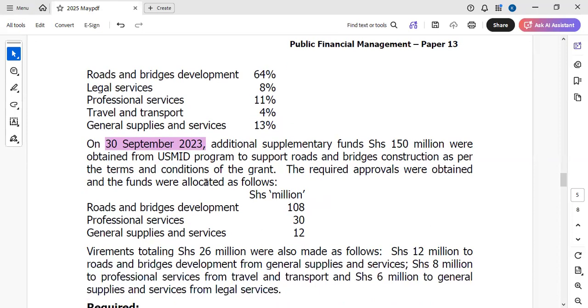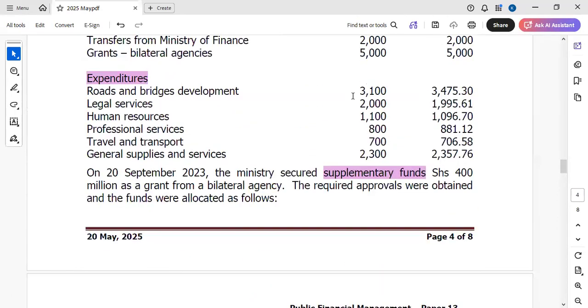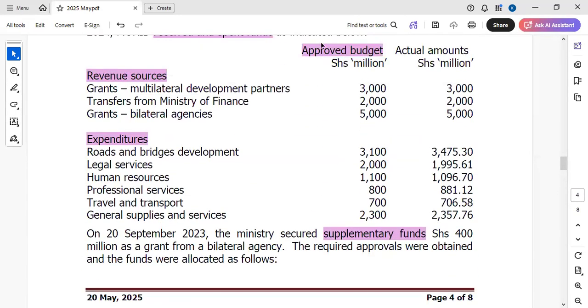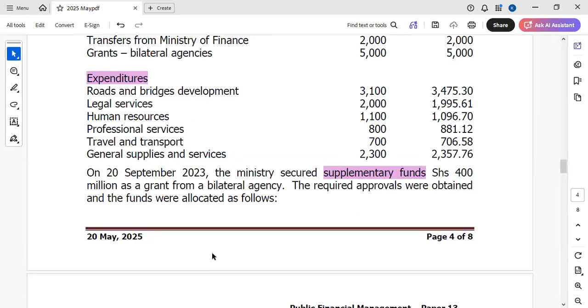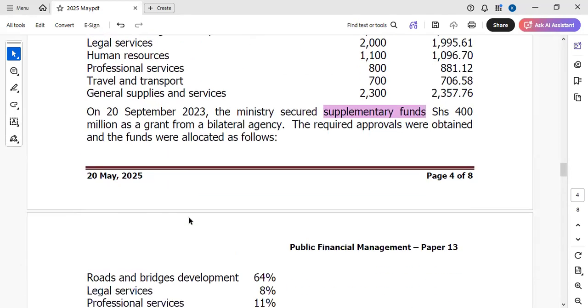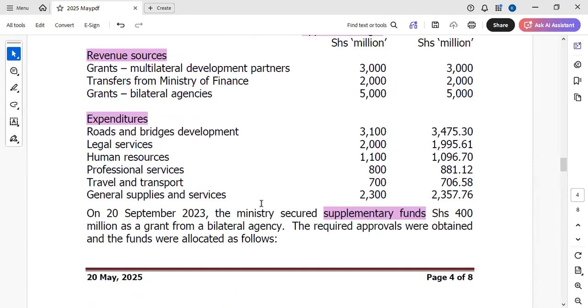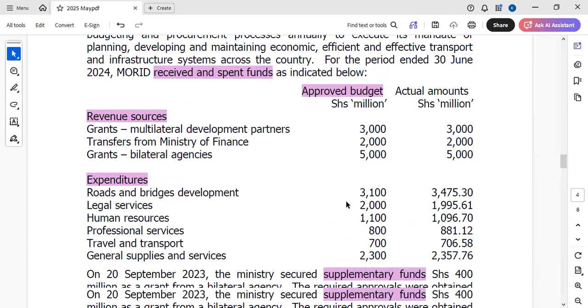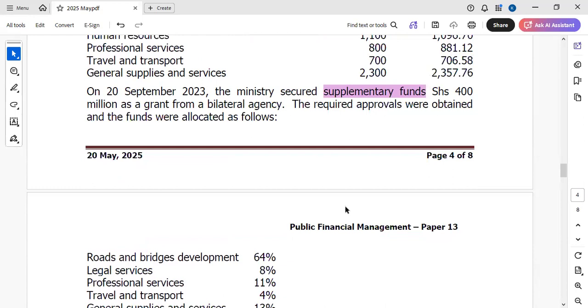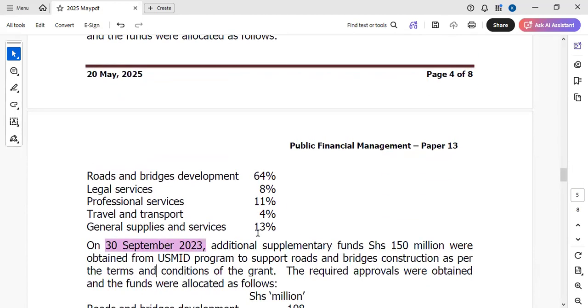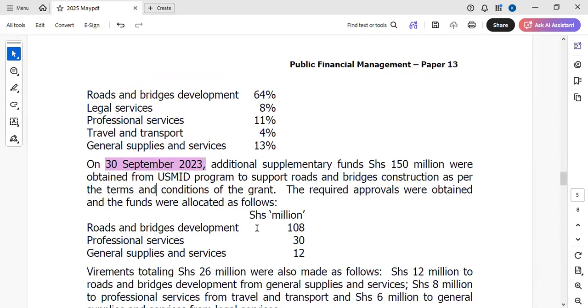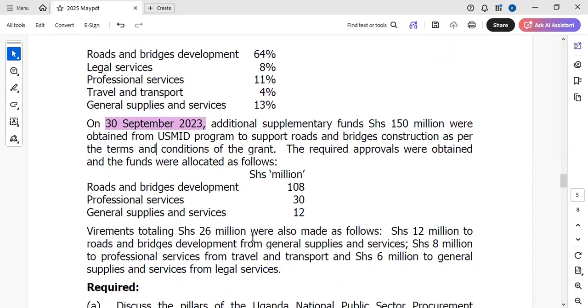It means that in your initial approved budget, you have 0 when it comes to grant from USMID. Initial approved budget will be 0, then adjustment. On your adjustments is where you put your supplementary funds.